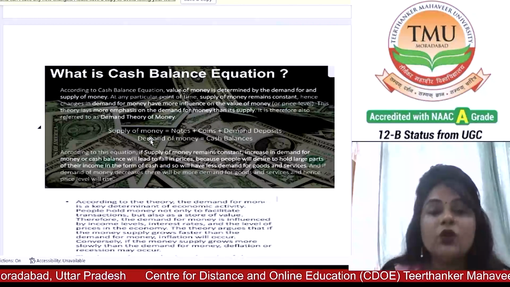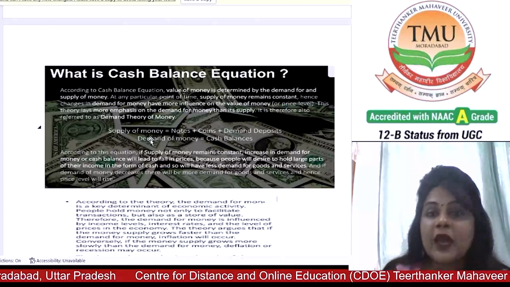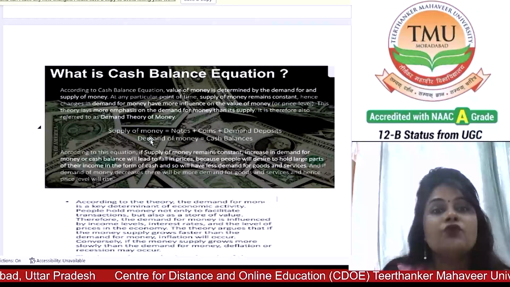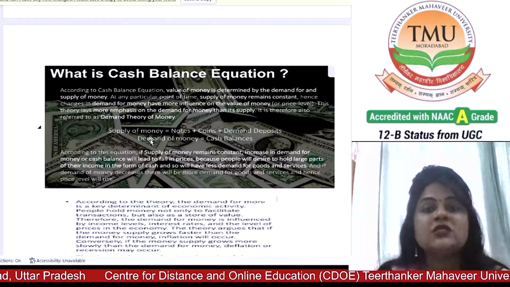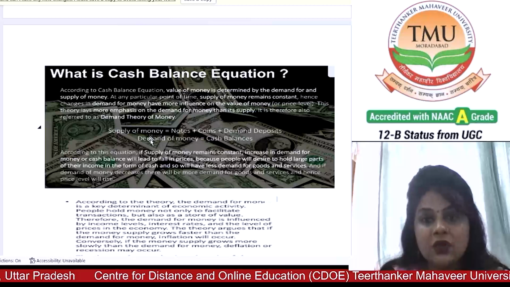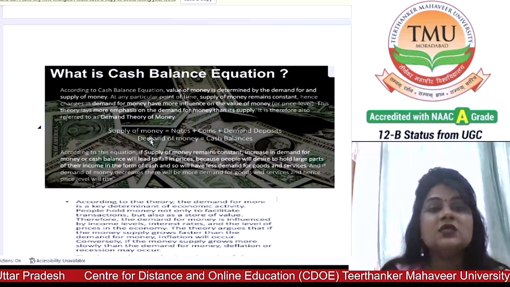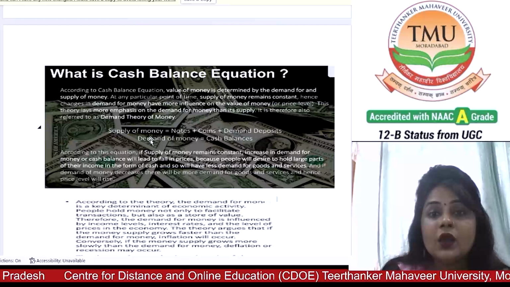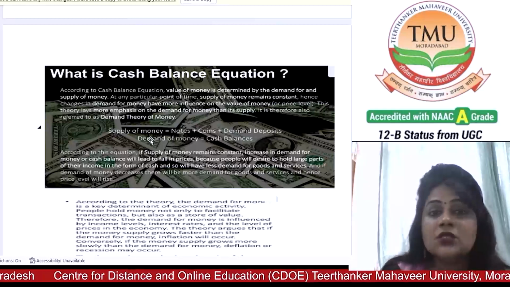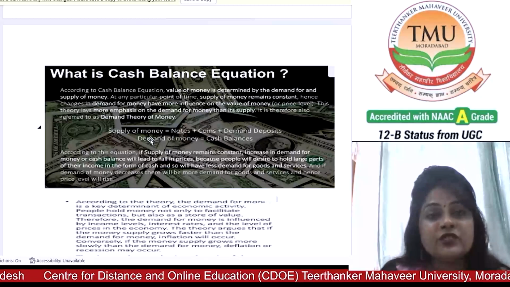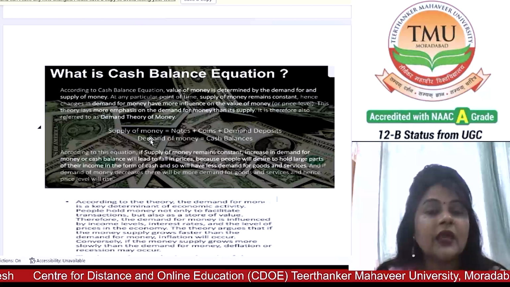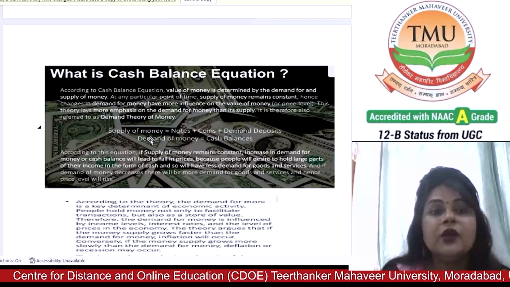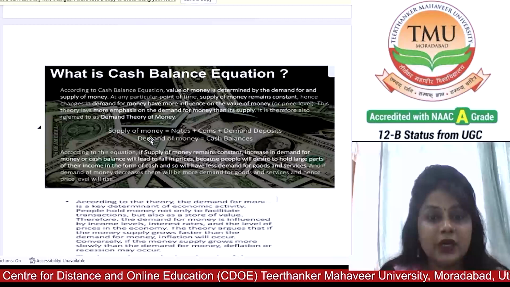At any particular point of time, the supply of money remains constant. Hence, changes in the demand for money have more influence on the value of money or price level. This theory lays more emphasis on the demand for money than its supply. It is therefore also referred to as the demand theory of money.